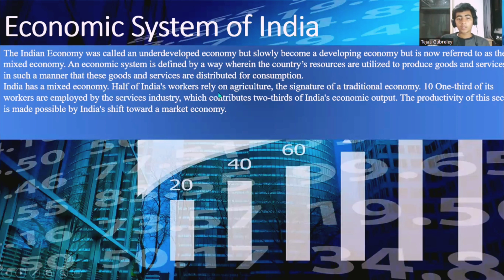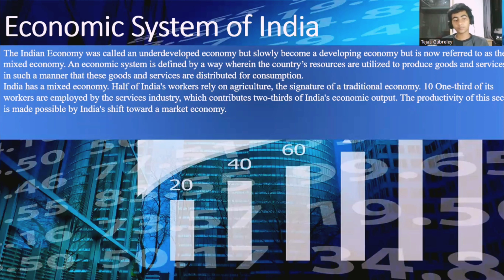Half of India's workers rely on agriculture, the signature of a traditional economy. One third of its workers are employed by the services industry, which contributes two-thirds of India's economic output. The productivity of this sector is made possible by India's shift toward a market economy.